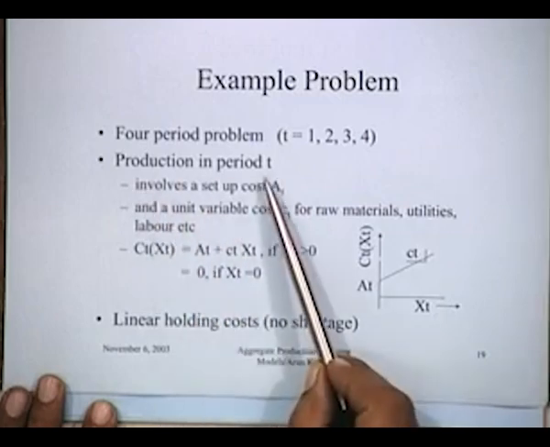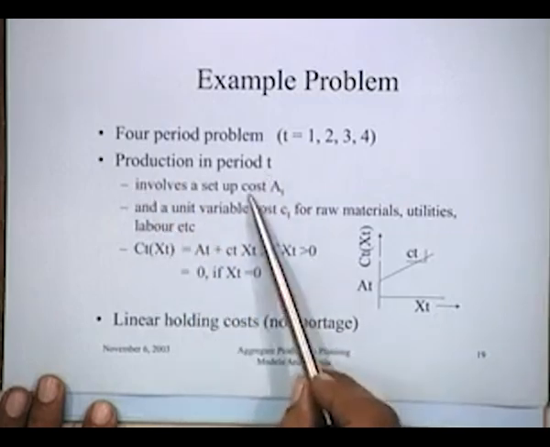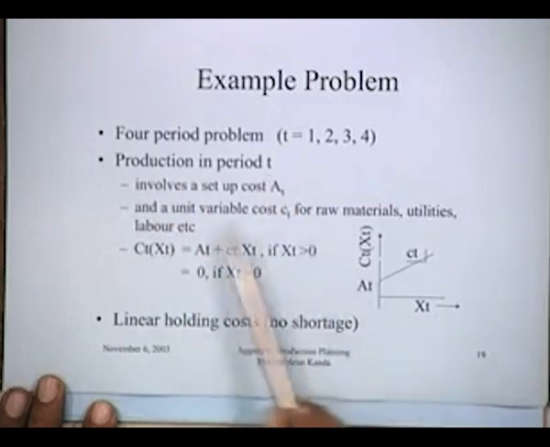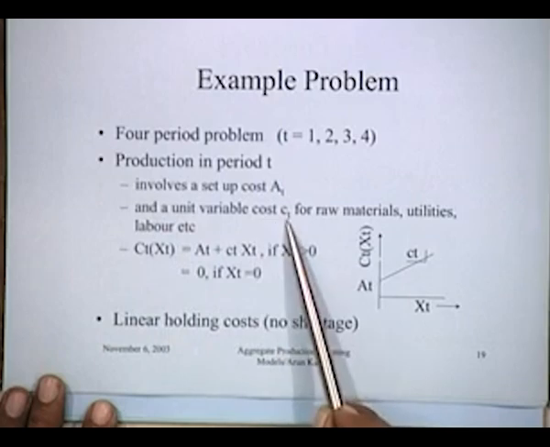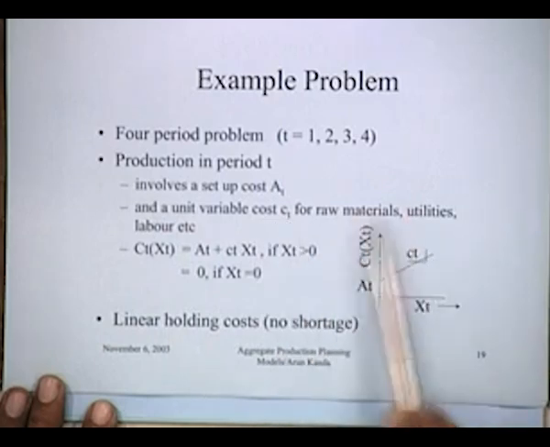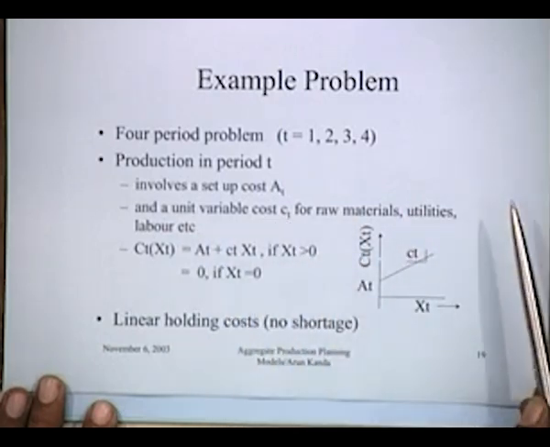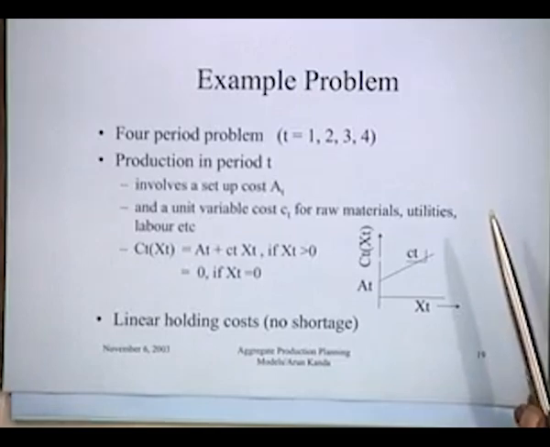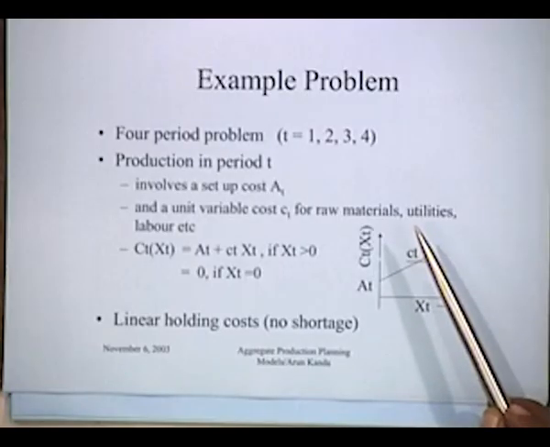And the production cost in period T involves a setup cost AT and a unit variable cost CT, which is for raw materials, utilities, labor, etc. Because labor costs, utilities and raw material costs are generally dependent upon the quantity of material produced.